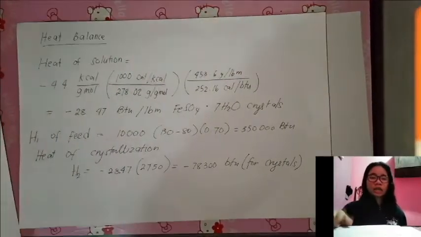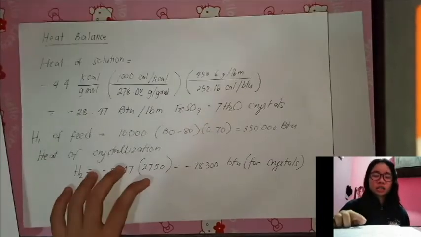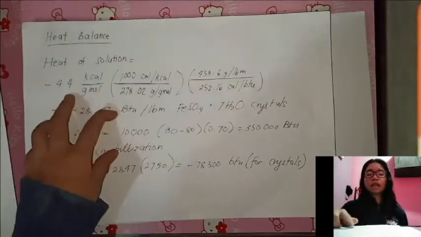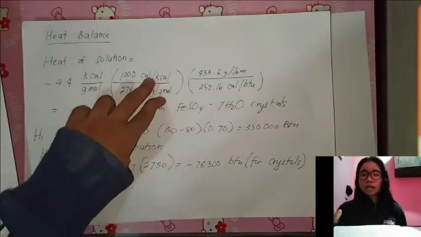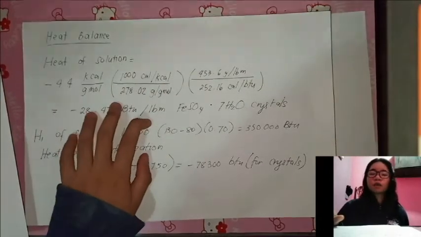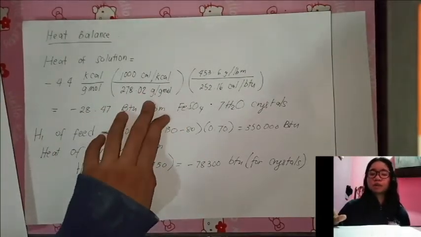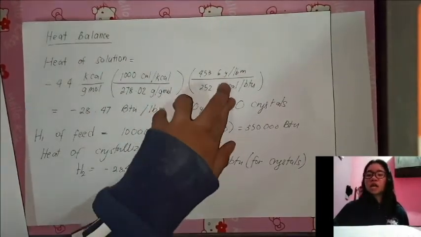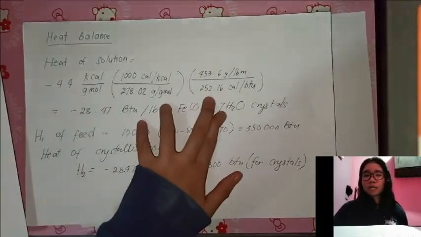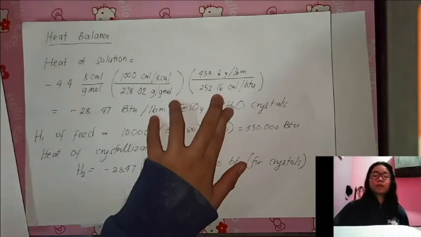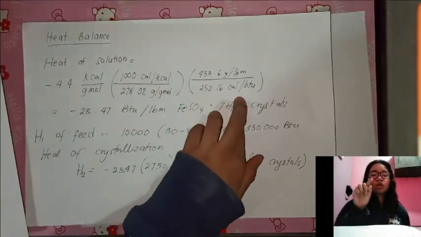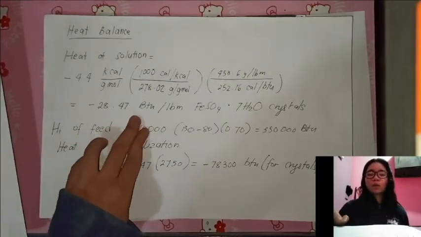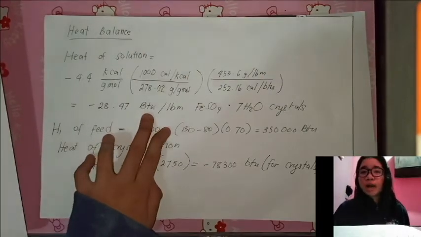The heat of solution equals negative 4.4 kilocalories per gram mole times 1,000 calories per kilocalorie over 278.02 grams per gram mole times 453.6 grams per pound mass over 252.16 calories per BTU, which equals negative 28.47 BTU per pound mass of iron sulfate heptahydrate crystals.